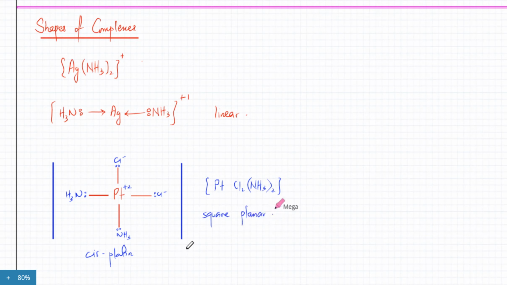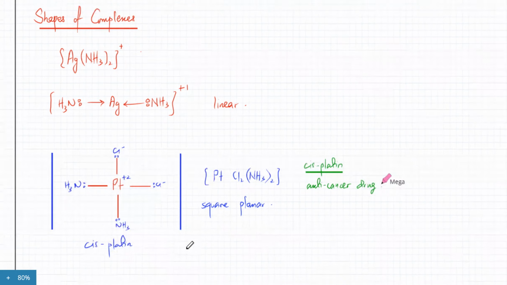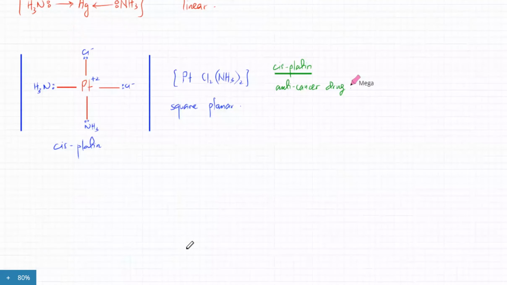Now, one thing that you need to also understand is the importance of this specific example that we did. Remember, cisplatin is a very popular anti-cancer drug. It's used in anti-cancer treatment. I'll very quickly describe how cisplatin works.